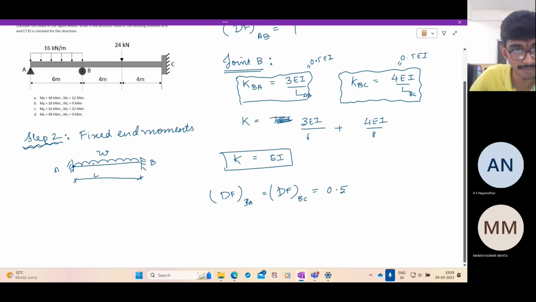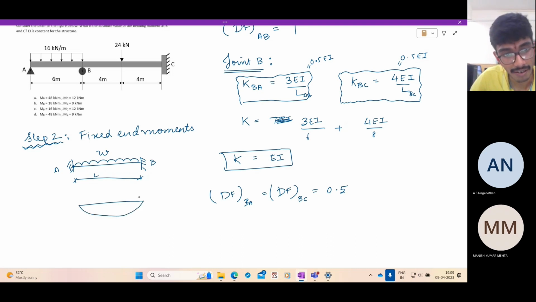Since the loading and the geometry are symmetric about the middle plane, the moments generated will be equal. By the conjugate beam method, due to the applied loading, if there was no fixed moment, you have WL squared by 8.